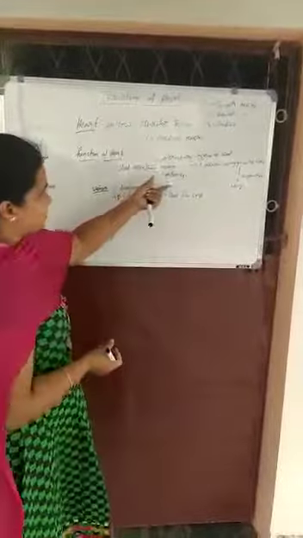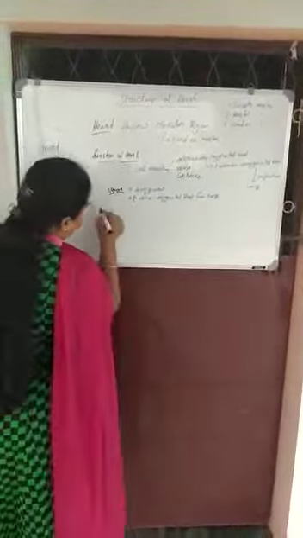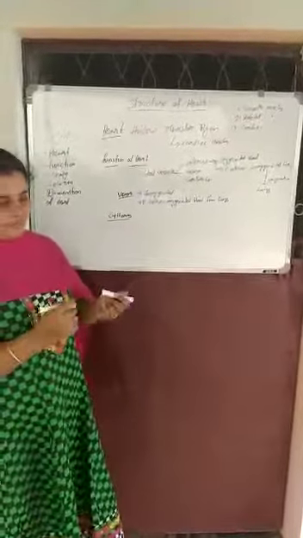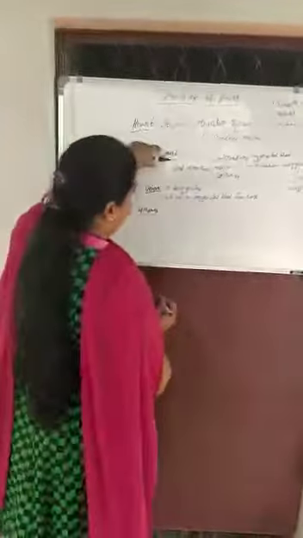Next, the capillaries. Which is the smallest blood vessel in our body? Capillaries. Arteries end with the capillaries.